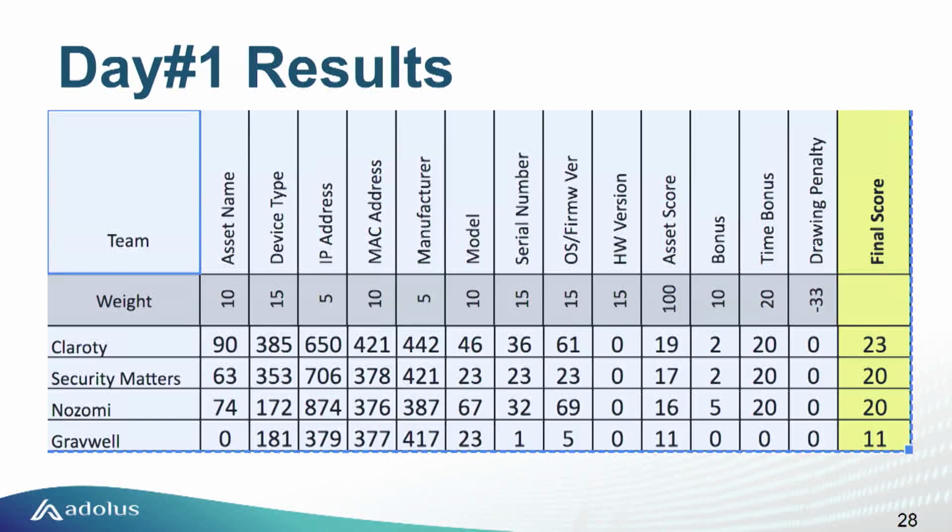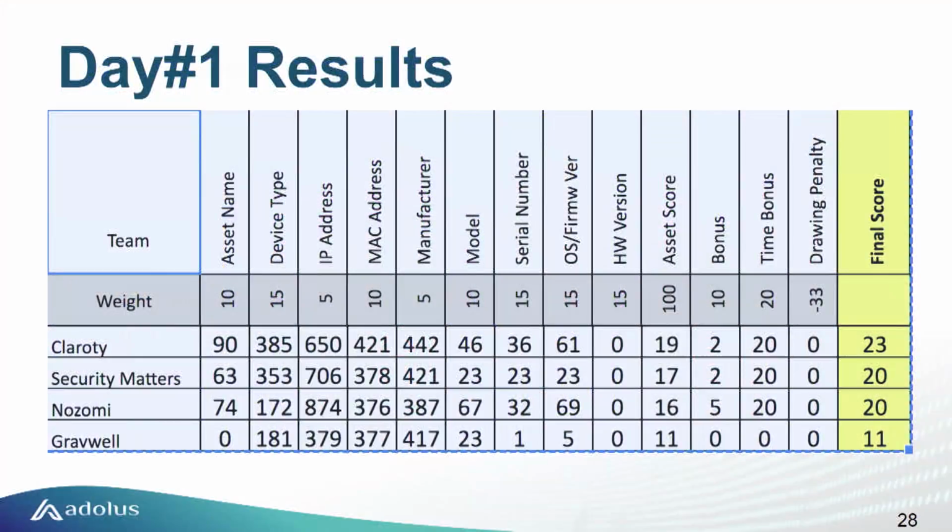There was a time bonus there, and then the bonus was just if they saw something new. Is that what the bonus category is? Yeah, the bonus category was for things like Nozomi finding the telnet stuff and nobody else, or people finding passwords, stuff that wasn't the basic stuff, where they were going above and beyond.